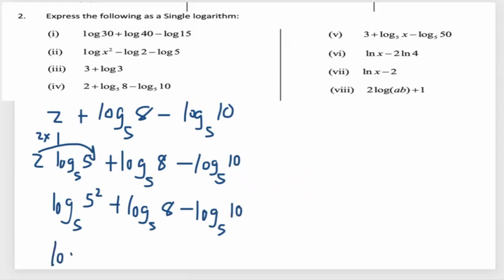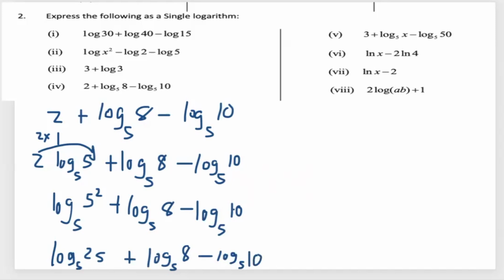So by right, we have log base 5 of 25 plus log base 5 of 8 minus log base 5 of 10.